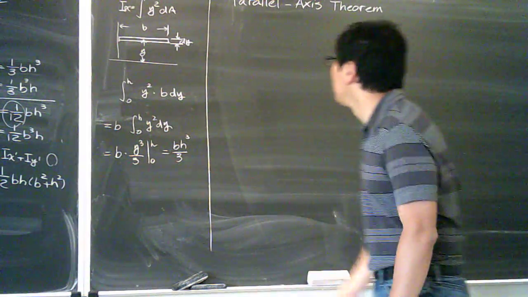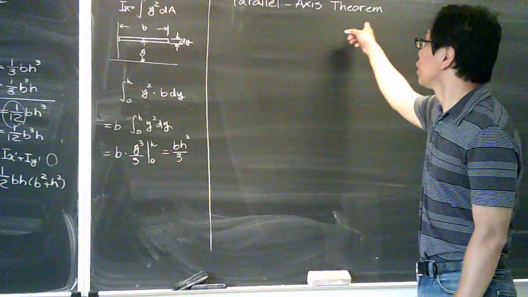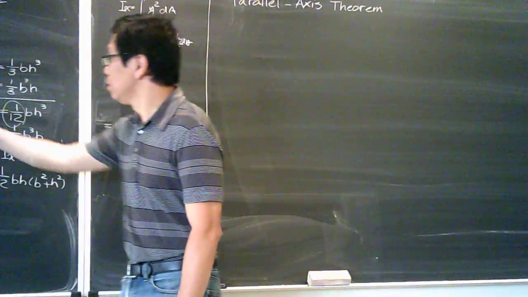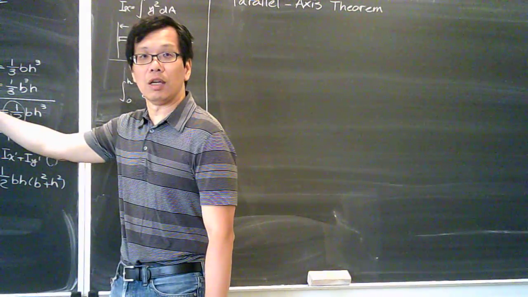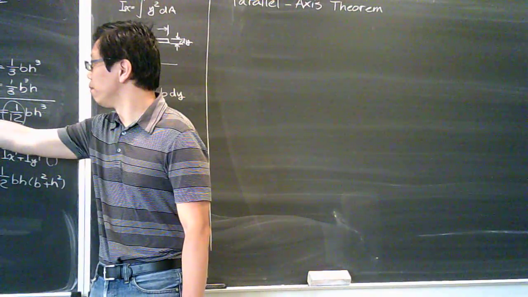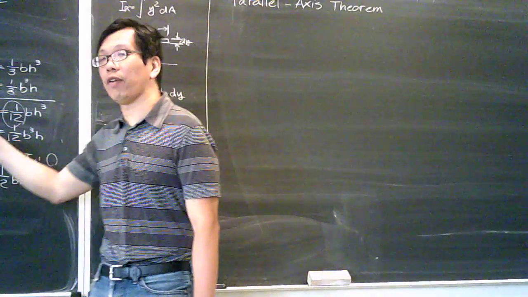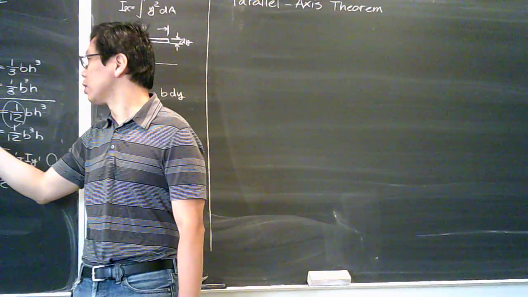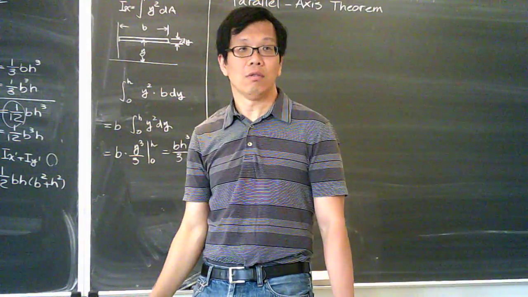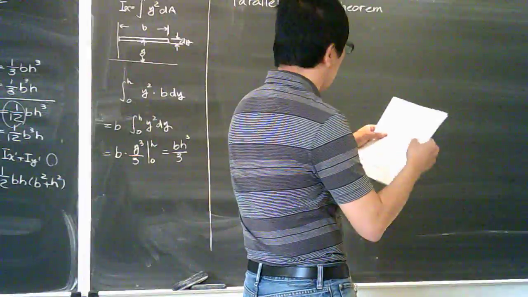So instead, I'm going to talk about the parallel axis theorem. For instance, I've given you the moment of inertia about its gravity center. Without doing the integration again, can I find the moment of inertia about this axis? Yes, we can use the parallel axis theorem.